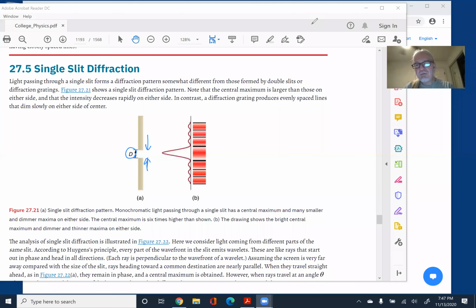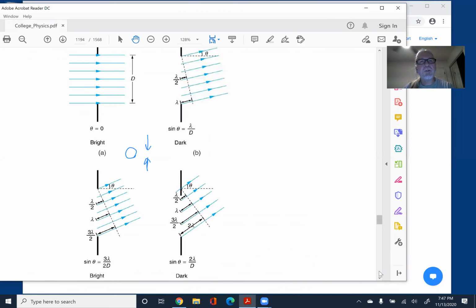And it turns out, to give you some advance notice, the math here becomes a lot harder because what you do now is, instead of just having two sources for your wavelets, wavelets are forming essentially at every point inside your wide slit.